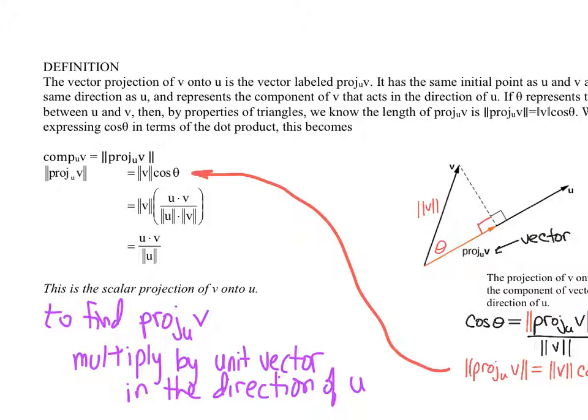And that's specifically because it's v upon u. How much is v contributing to u? So I want to actually determine what it's going to be in the u direction. So that's why we multiply it by the unit vector in the direction of u. If it were the other way around, if it was u upon v, then I would multiply it by the unit vector in the direction of v.